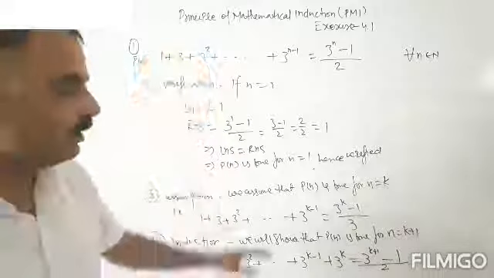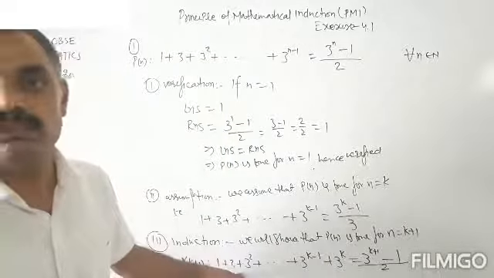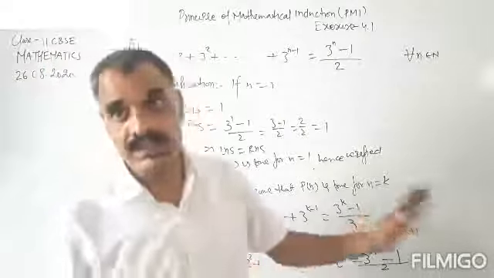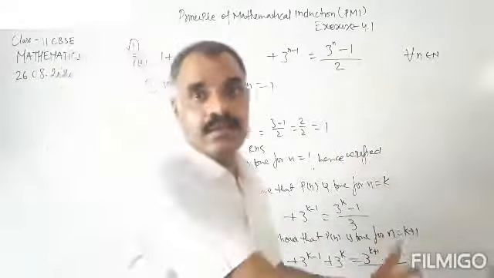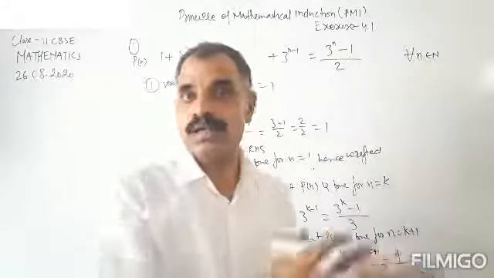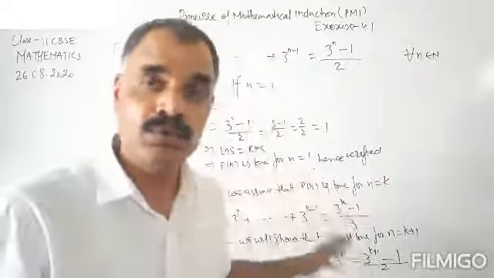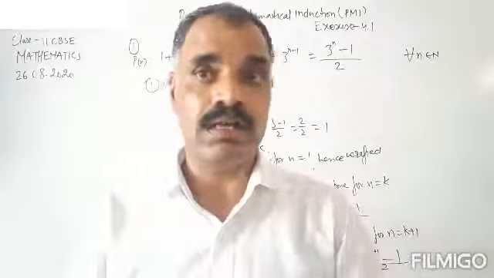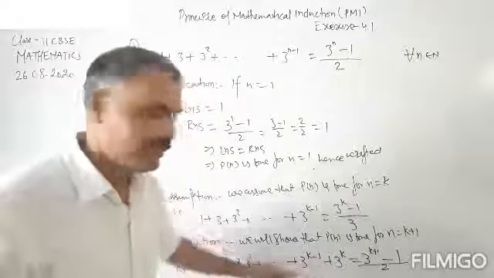Okay, so we have to prove that this statement is true, meaning the left hand side is equal to the right hand side. We will start from the left hand side and obtain the right hand side. If both are equal, it means the given statement is true for n equals k plus 1 also.